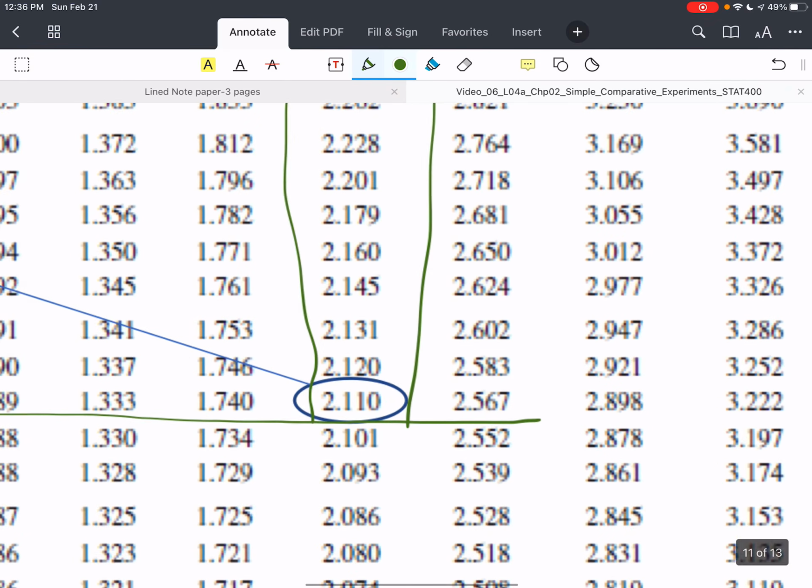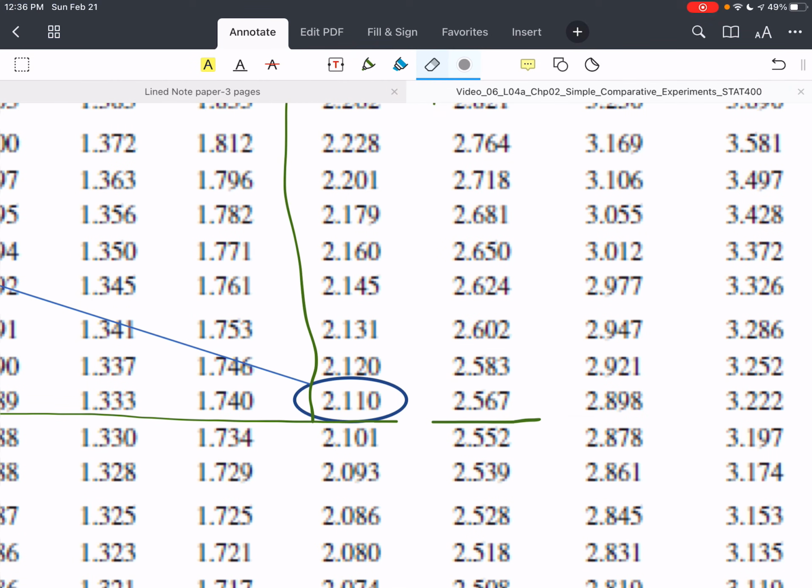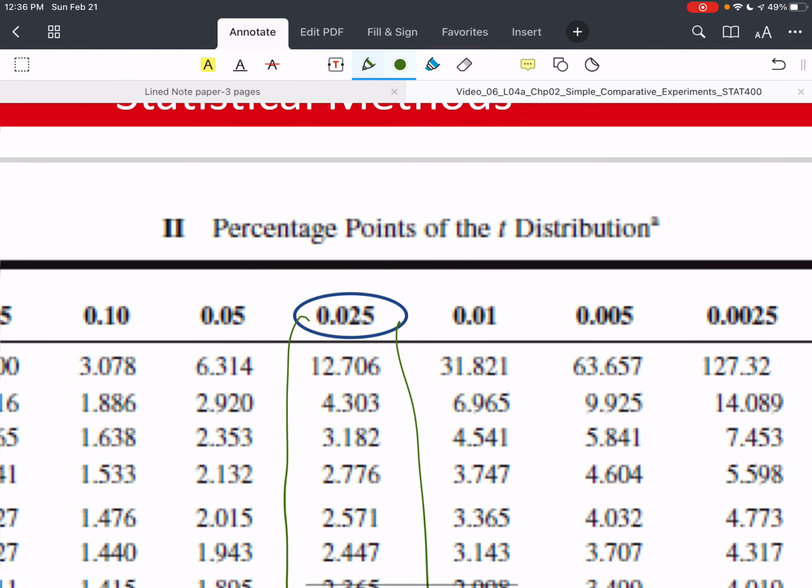So again, 2.207 is between these two values. And that means that we're going to find the probability that's between these two values, but we need to multiply by 2. 2 times this one is 0.05.